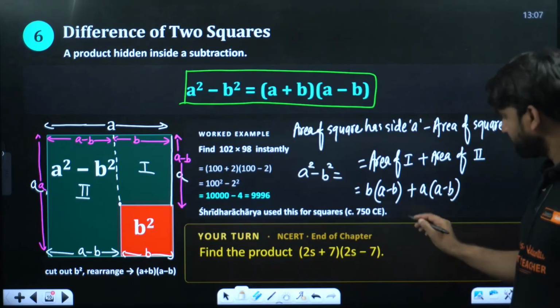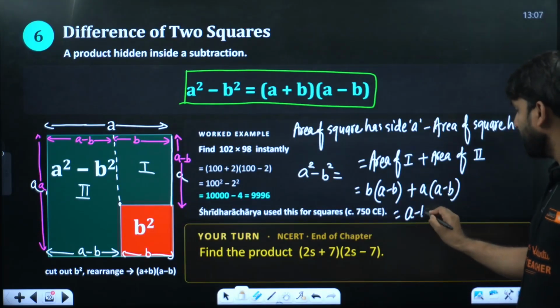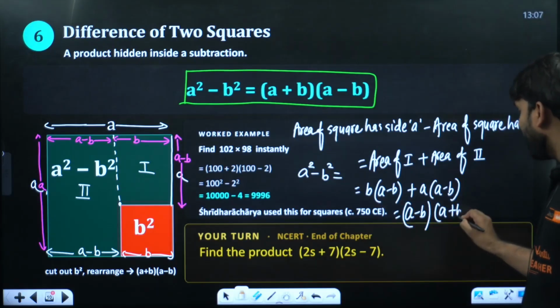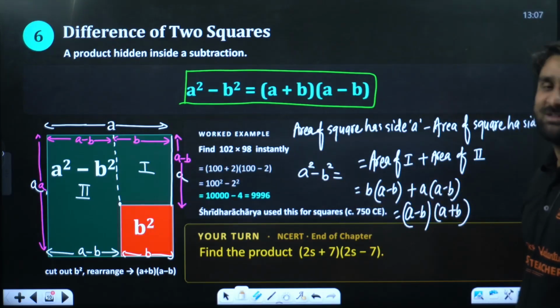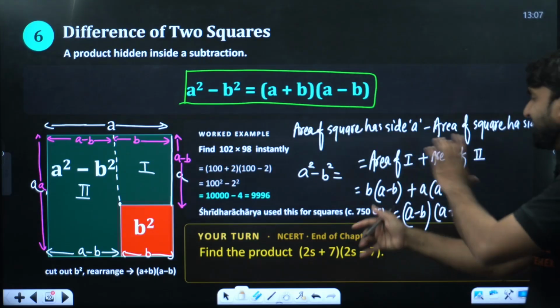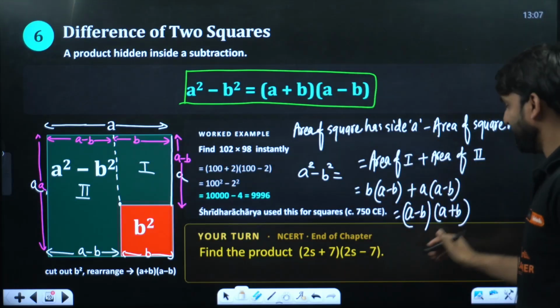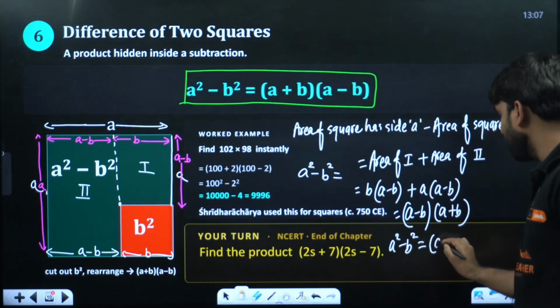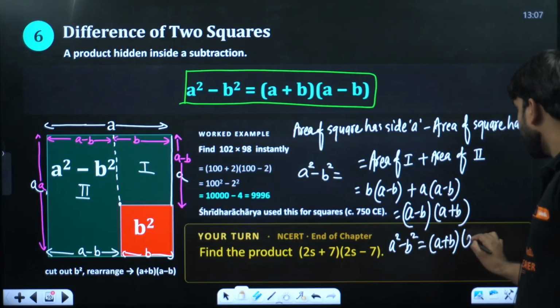Can we take it common? We can take A minus B common. So these two will be combined. Oh, wow. A square minus B square is equal to A plus B, A minus B. Let's interchange, otherwise there is no difference between both. So we have proved A square minus B square is equal to A plus B, A minus B.